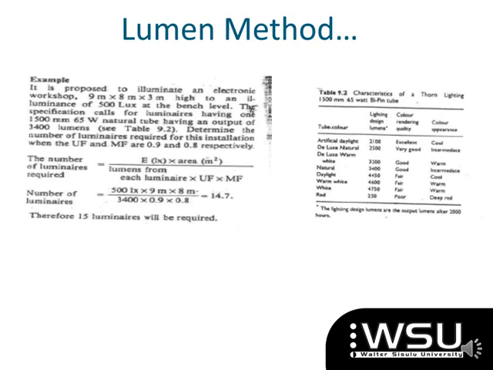And then they say determine the number of luminaires, which means the number of lights required for this installation, if your UF and your MF are at those constant values of 0.9 and 0.8 respectively.